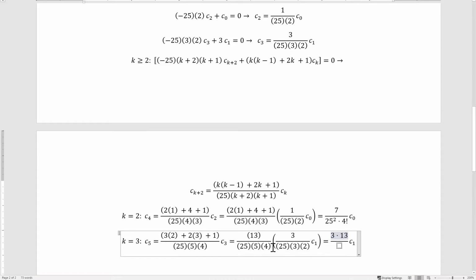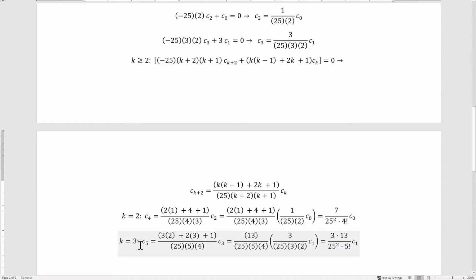And then in the denominator, we have 25 squared again. And then we have 5 times 4 times 3 times 2. So that looks like it's pretty much going to be a 5 factorial. I guess we're good. We have up to C sub 5. Let's maybe do a couple more and see what we can get.